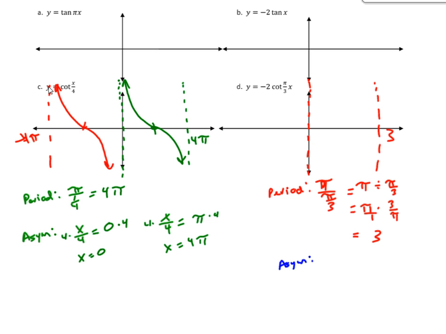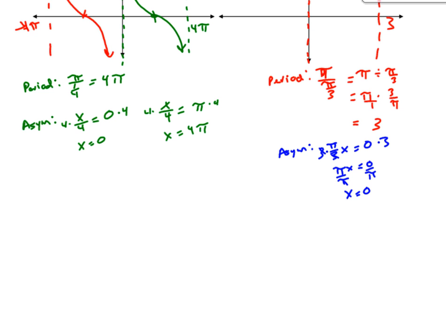But if you're not sure, go ahead and do the asymptotes here. So I'm going to have pi over 3 x equal to 0. I'm going to multiply by 3 to get rid of the denominator here. And then I get pi x equals 0, divide by pi, and x is still equal to 0. So the first asymptote is at 0.